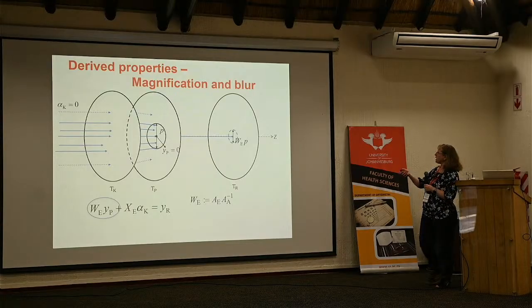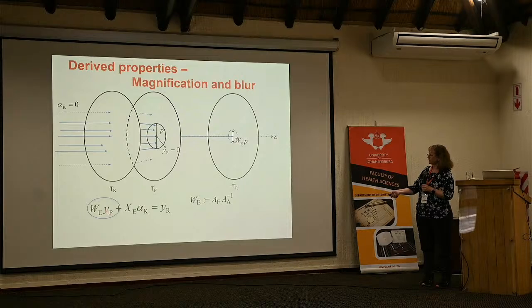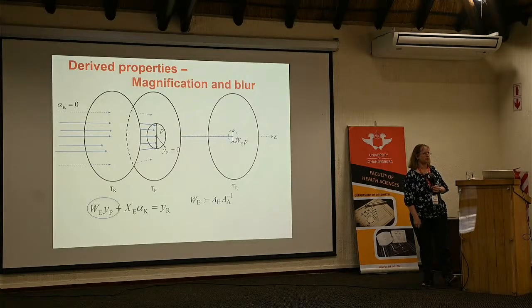So if we work with WE times YP, and instead of YP, we work with delta YP, so we're working with the diameter of the pupil, then the diameter of the blur patch is simply WE times delta YP when alpha K equals 0. So we're ignoring this component, only looking at the size of the blur patch, the diameter.